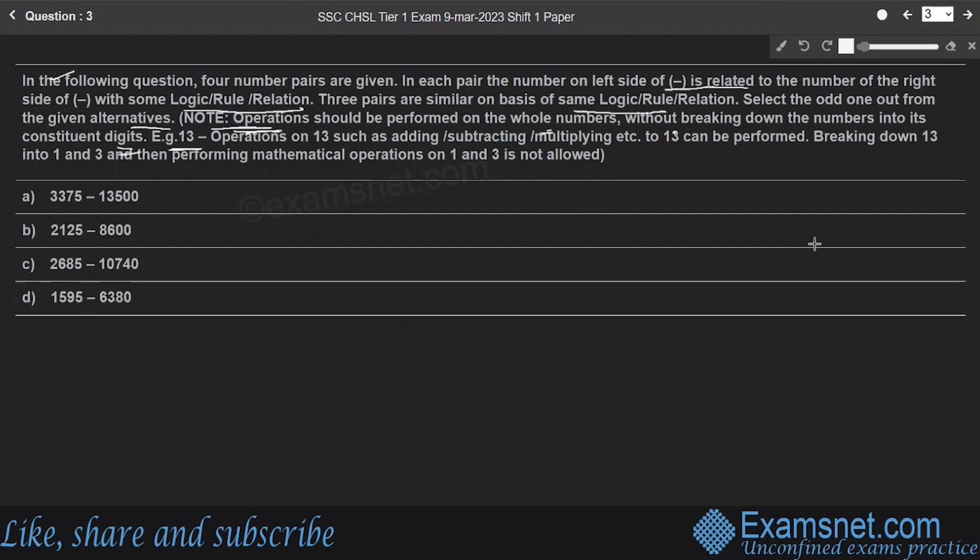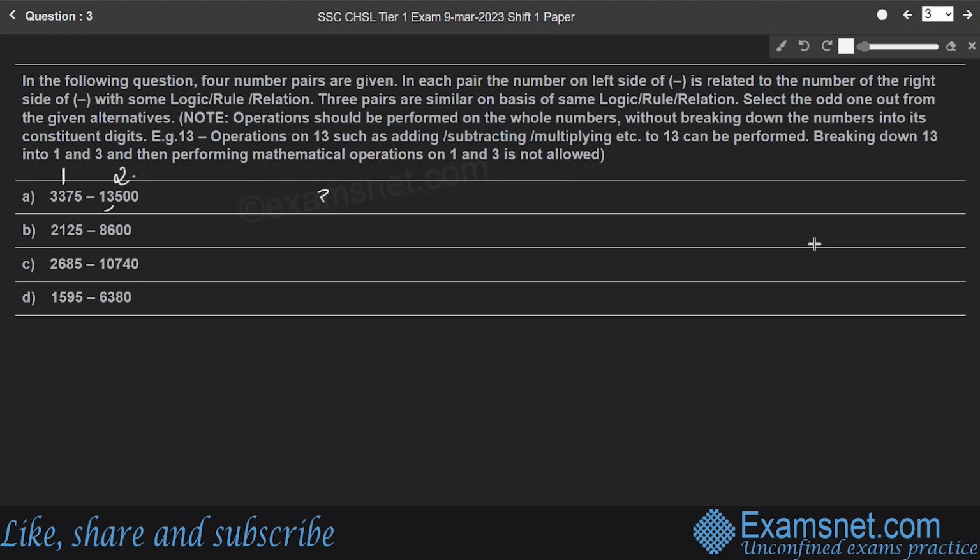For example, 13. Operations on 13 such as adding, subtracting or multiplication etc. can be performed. Breaking down 13 into 1 and 3 and then performing mathematical operations on 1 and 3 is not allowed. Right. So here 4 number pairs are given. Let us consider option A. Here the first number is 3,375 whereas the second number is 13,500.